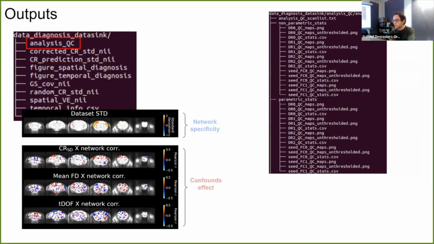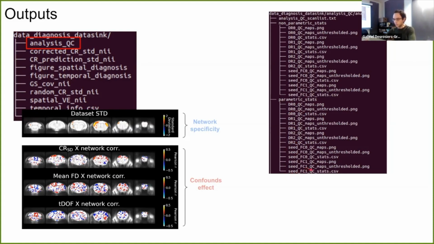Whereas for the group statistics, you'll find this within the analysis QC folder, where you will actually have both a non-parametric and a parametric version of those statistical reports. Within each folder, you will have outputs for each of the different network analyses that you computed. So here I'm showing you an example where there were 3 different dual regression components, as well as 2 different seed connectivity analyses.